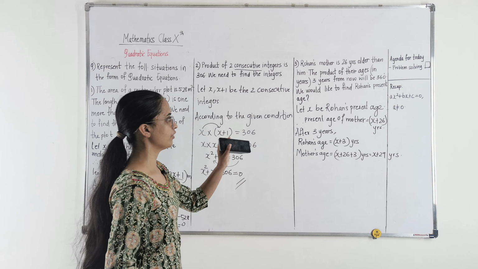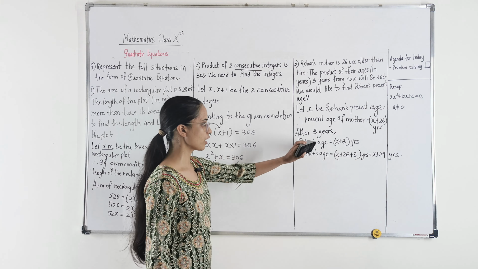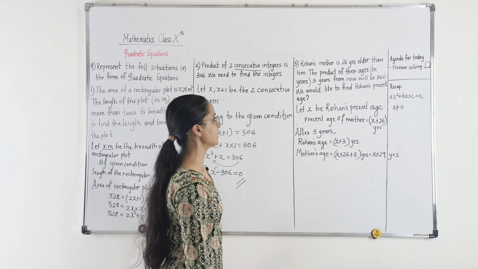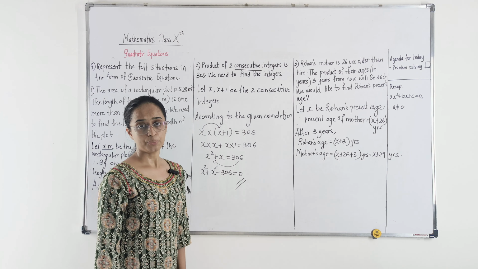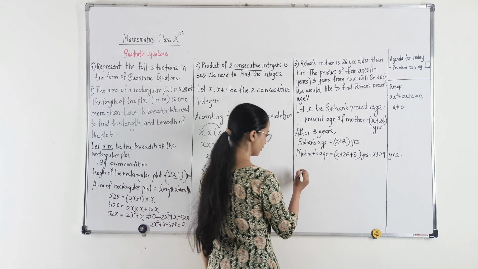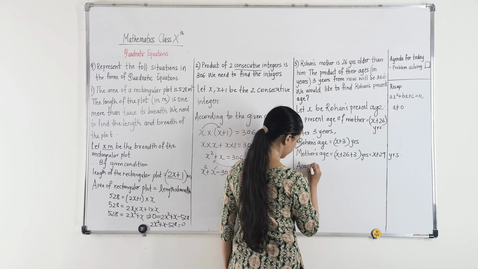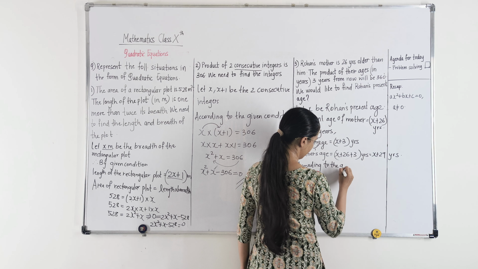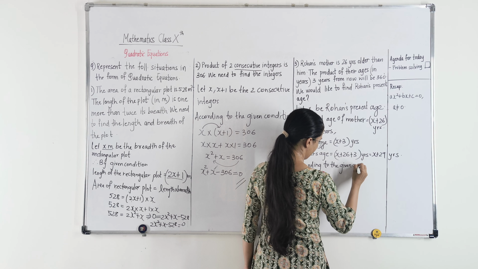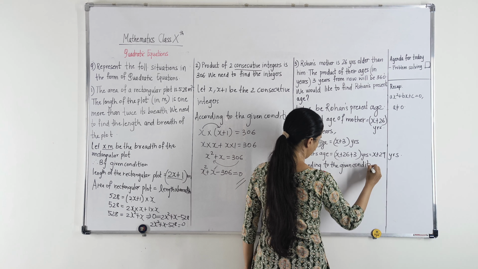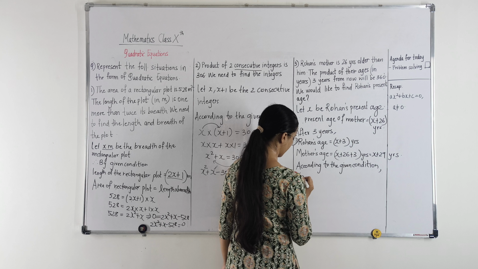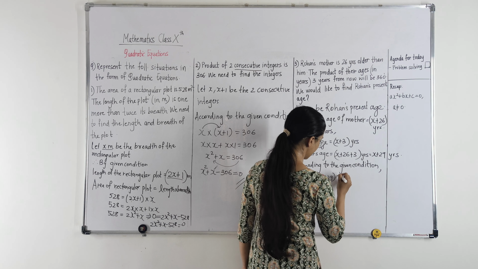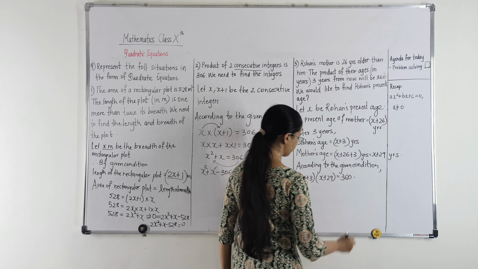Now let us use the given condition. They say that if we take the product of these two ages, then the product comes out to be equal to 360. Therefore, we can say according to the given condition, x plus 3 into x plus 29 equals 360.